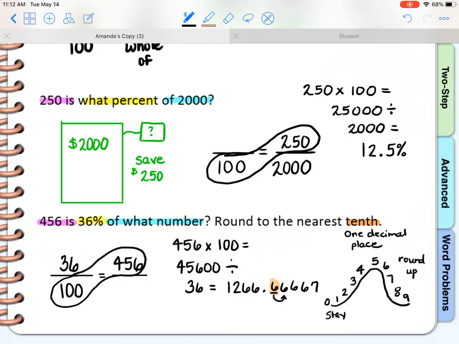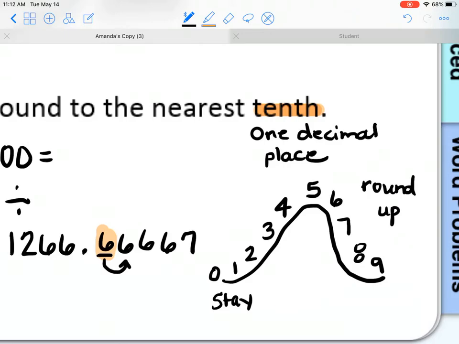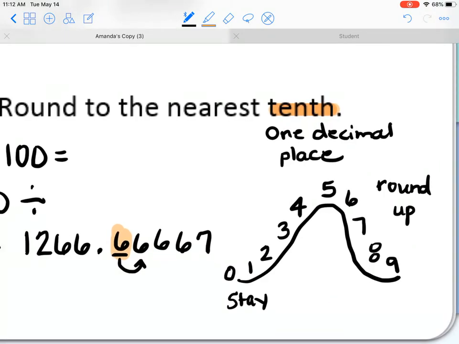And let me zoom right here. Okay, so we're not going to bother the tenths place. We're looking at the hundredths place. And you notice that this neighbor right there is right here on the hill. So that's telling me that I need to round up.